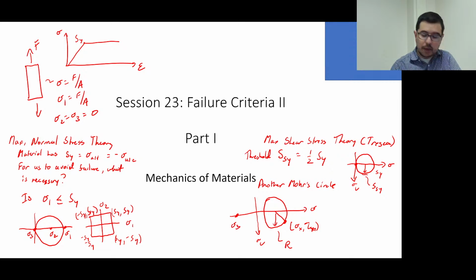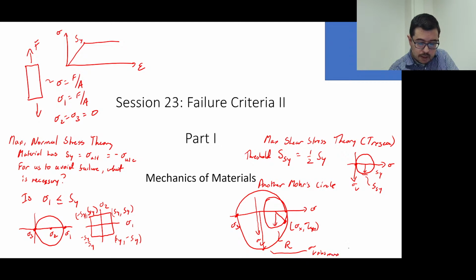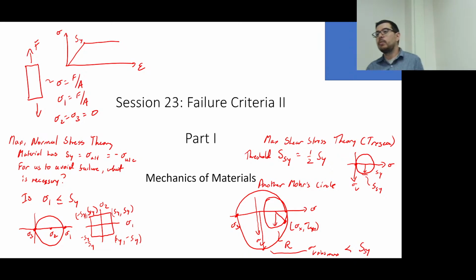We've got to figure out what the absolute maximum shear stress is, which is going to correspond to this down here. That's the tau max, absolute max, better said. And this has to be less than the shear strength. Okay, any questions on this?